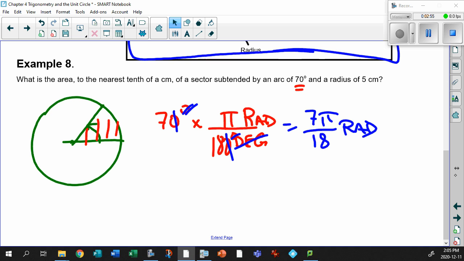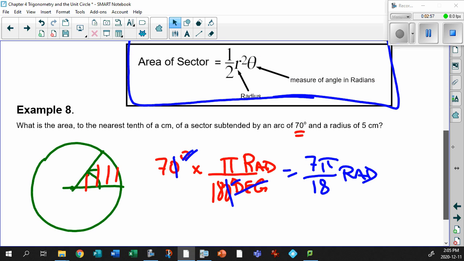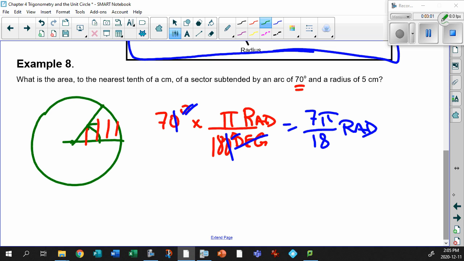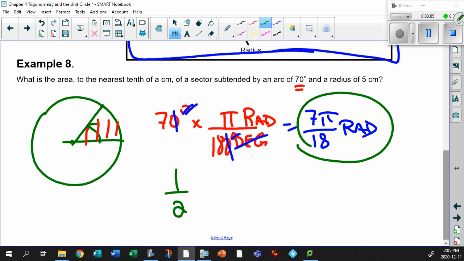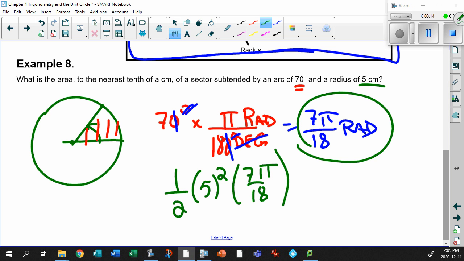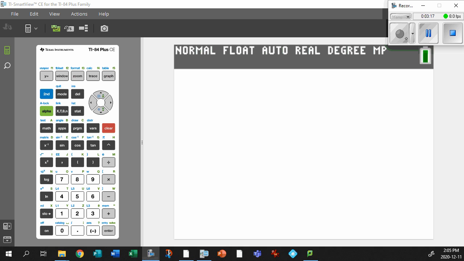Okay, what does that mean? Remember the formula. The formula was 1/2 r squared times theta. Well, there's your theta, there's your radians. 1/2 your radius, of course, being 5, 5 squared now times 7 pi over 18. Oh, that looks like a mess, doesn't it? Not really. Throw it in your calculator. Watch.